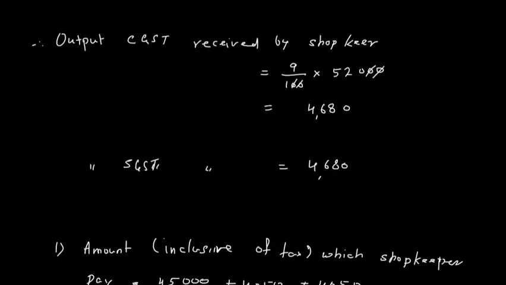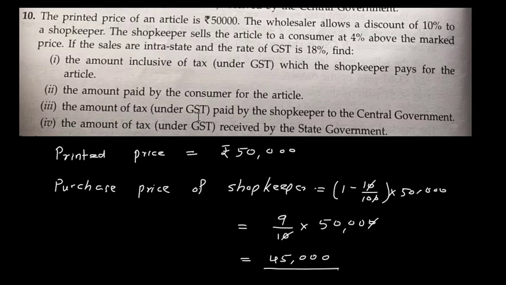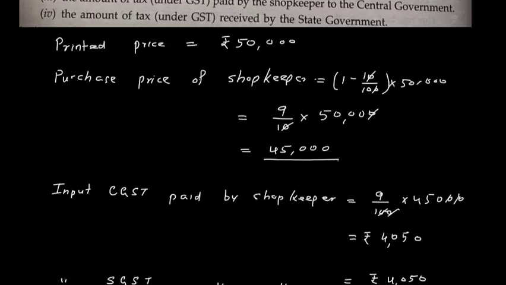Second, the amount paid by the consumer for the article. Now again, the amount paid means it is including tax.